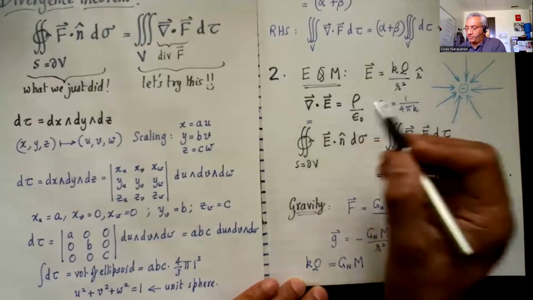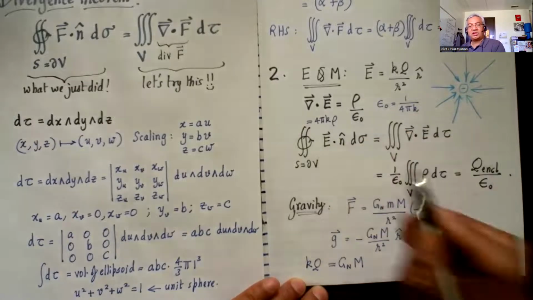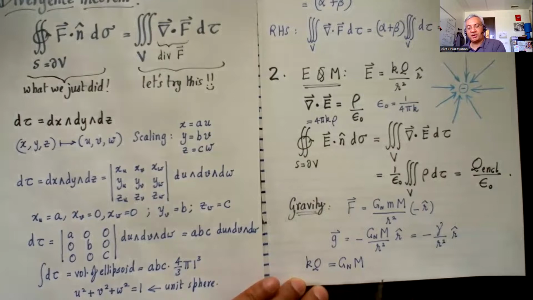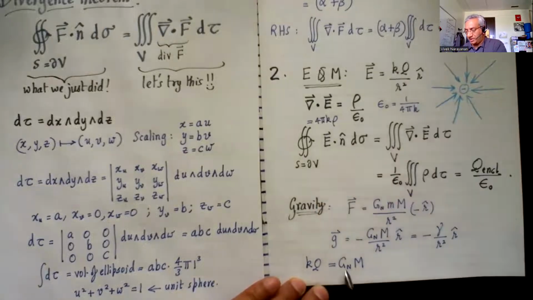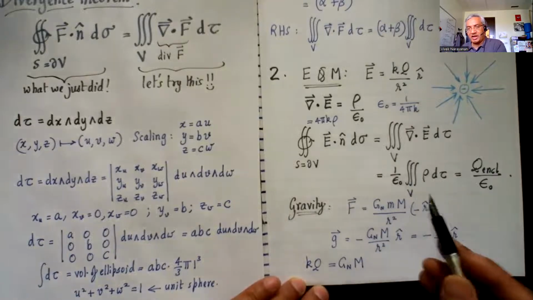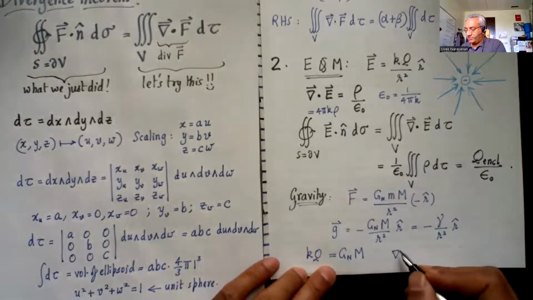Divergence is equal to 4 pi k times rho. That's an equivalent way of thinking about it. This way you don't have to introduce this quantity epsilon, okay? So all I have to do is multiply whatever is multiplying the law of gravity with 4 pi and I'm done. So I've discovered the divergence theorem for gravity.